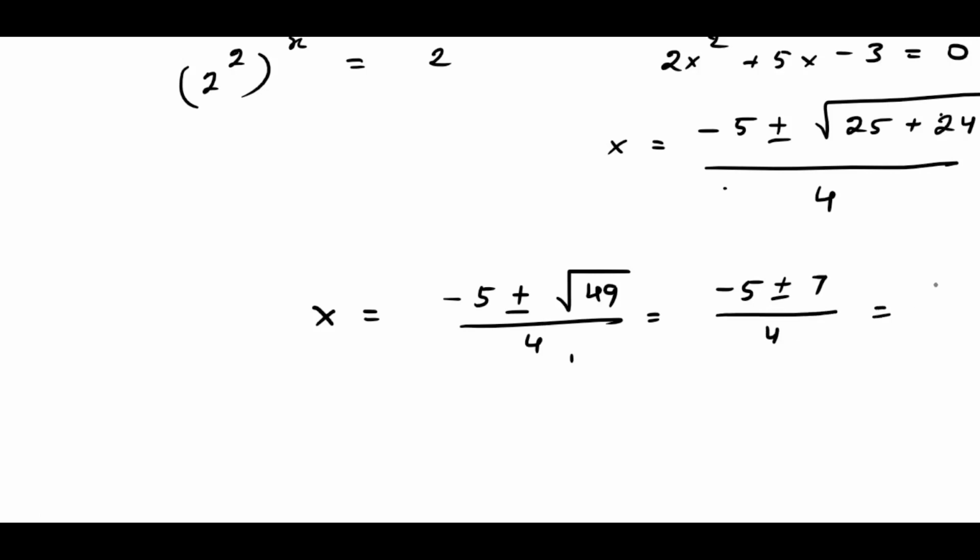Minus 5 plus 7 is what? It is 2 divided by 4, which is 1 by 2, or minus 5 minus 7 is minus 12 divided by 4, which is minus 3. So the x gets two values, either half or minus 3.